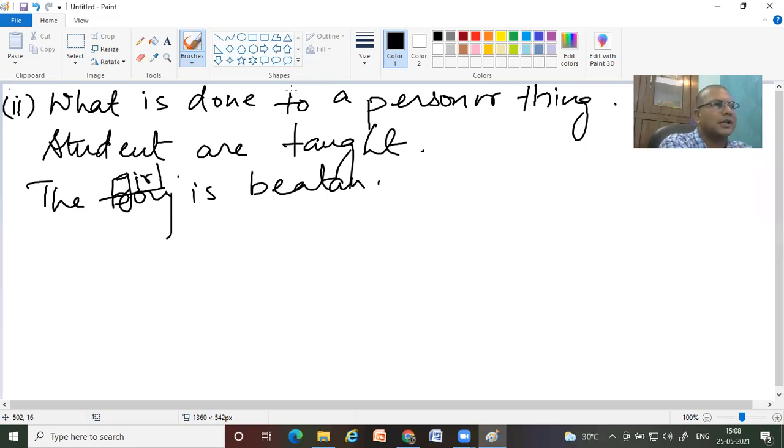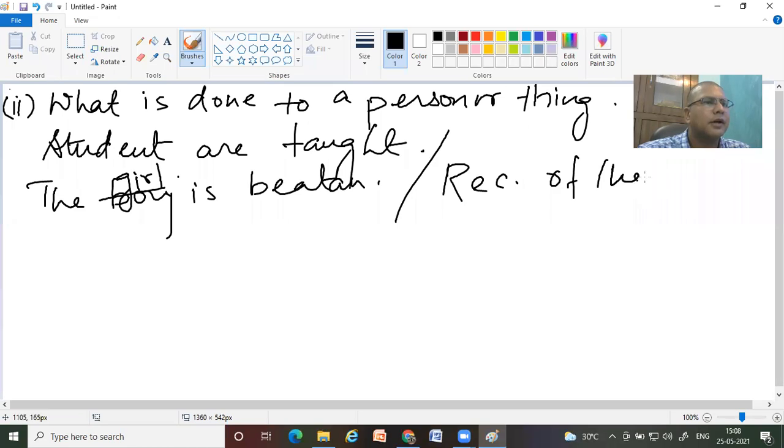The verb also tells us what is done to a person or thing. In other words, it is here that we see the receiver of the action. Now, what I want to tell you is, if the verb were not there, you would not know who is the doer in a sentence and who is the receiver, right?